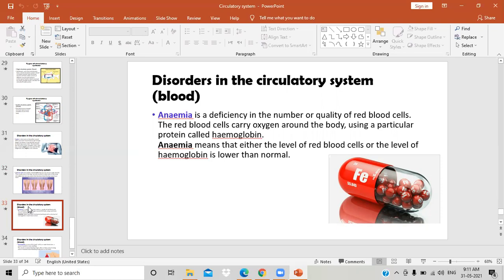Sometimes anemia is caused because the shape of the red blood cells is not correct. Because what is the shape of the red blood cells, guys? Can anyone tell me? Like a pillow. Yes, it is round, and it has a depression in the middle.